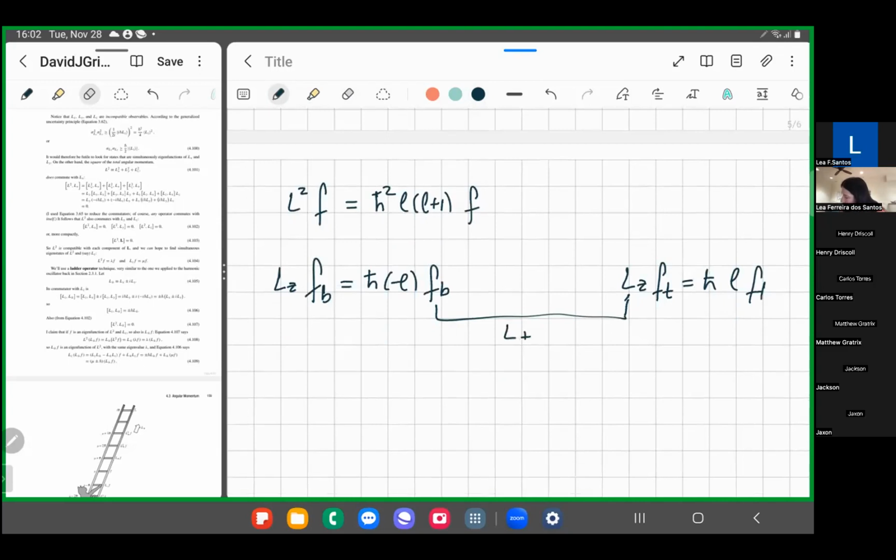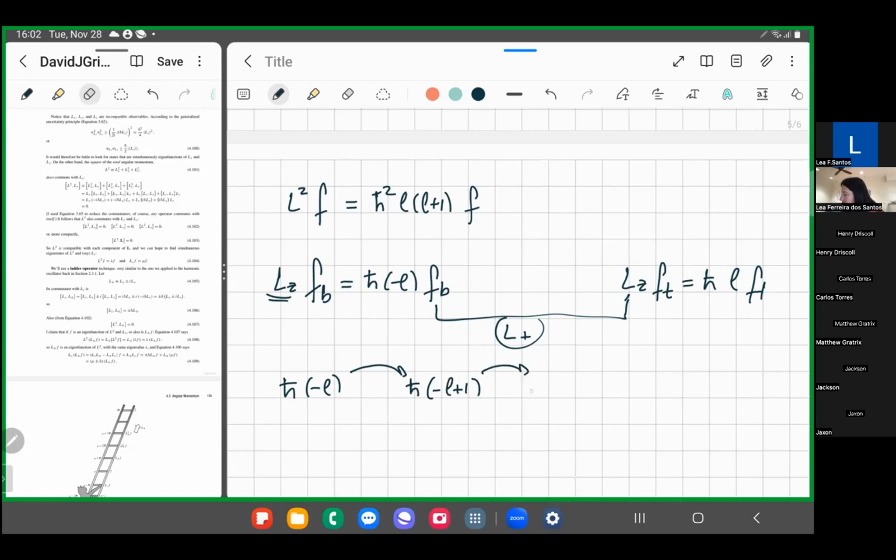So I start with the lowest eigenvalue that the Lz can have, which is ħ times minus L. If I apply the L plus, that raising operator, I will have ħ times minus L plus 1.